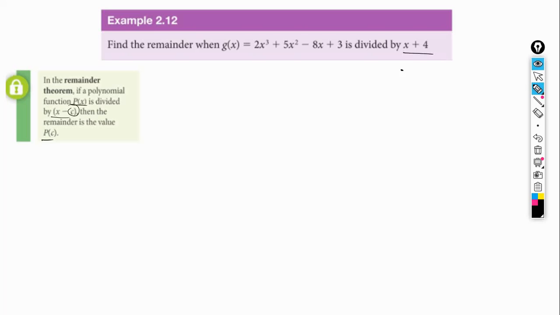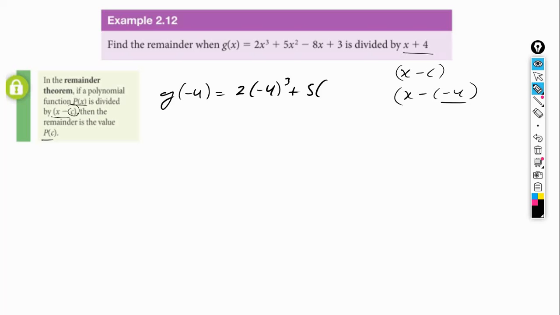But notice that x plus 4 is not in the form x minus c. So we have to be careful here. x plus 4 is the same as saying x minus negative 4. So that means that we have to test for negative 4. So we simply go g of minus 4 is going to equal 2 times negative 4 to the 3 plus 5 times negative 4 squared minus 8 times negative 4 plus 3.